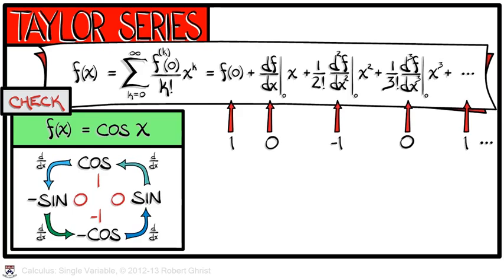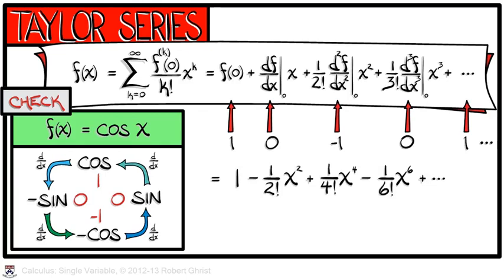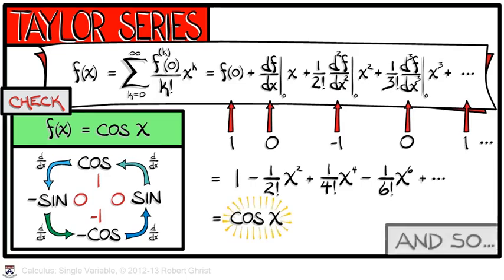The derivative at 0 is 0. Negative 1, 0, 1, and the pattern continues. When we simplify this expression, we see that all of the odd degree terms have 0 coefficients, leaving us with only the even degree terms in this series, and with the now familiar alternating signs, giving us our familiar expression for cosine of x.